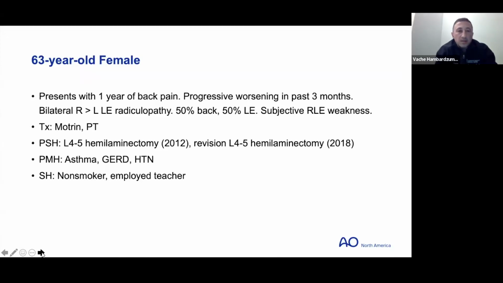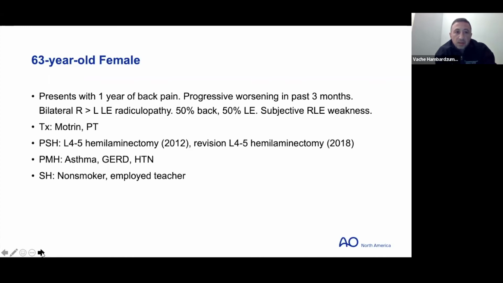Thank you. So I'm going to start with a case of a 63 year old female who presents with 1 year of back pain, progressive worsening in the last 3 months. She's having bilateral lower extremity radiculopathy, right more than left. Her pain is 50% axial, 50% appendicular. She's having subjective weakness in the right lower extremity.